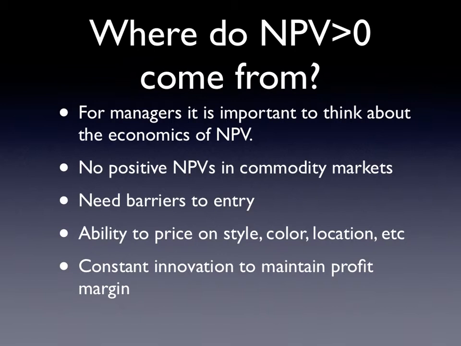Now, one of the things that never produces a positive NPV is any good that becomes a commodity, computer chips, say. The commodification of your product is really a tragedy in terms of creating shareholder wealth. If you're producing, say, sugar or flour or something like that, you just can't earn much of a premium, high profit margin, because people buy it based mainly on price.